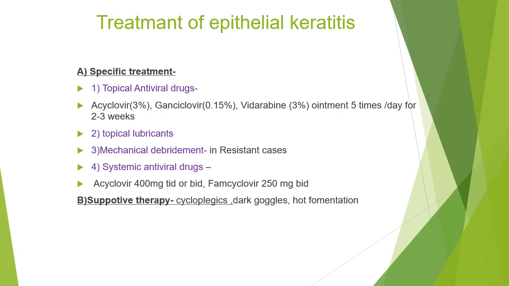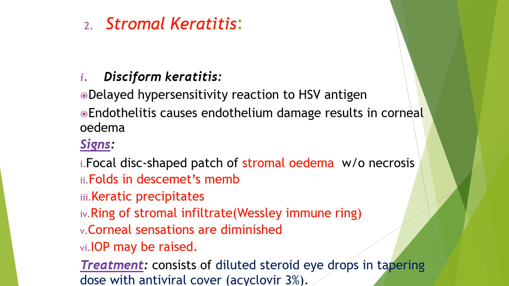In very severe cases, you can start systemic antiviral drugs in the form of acyclovir tablet 400 mg BD for 2 to 3 weeks. Along with that, supportive therapy: cycloplegics, dark goggles and supplementation.